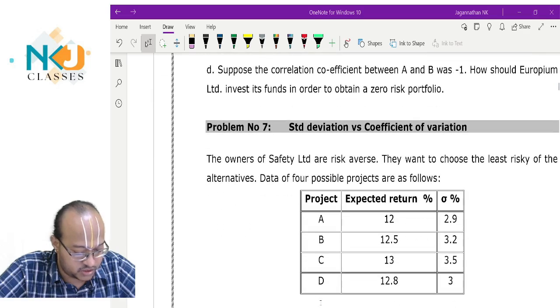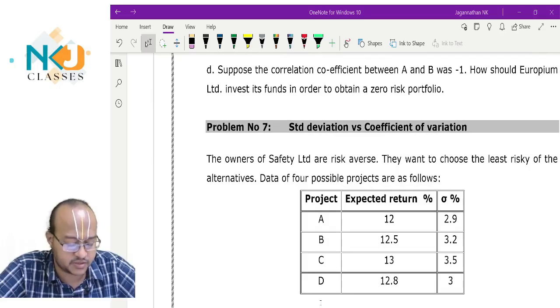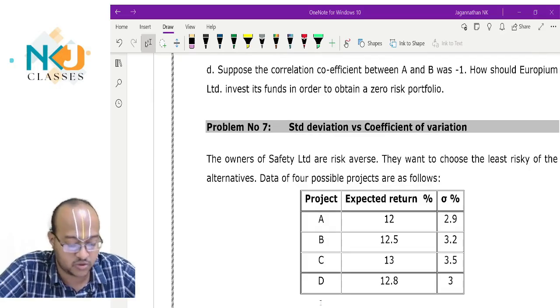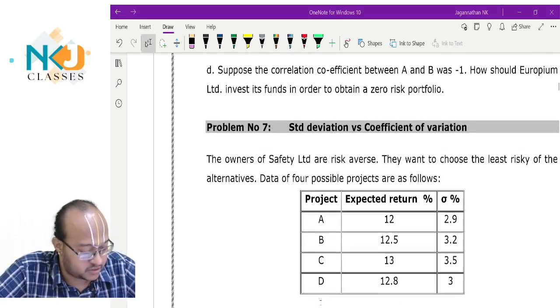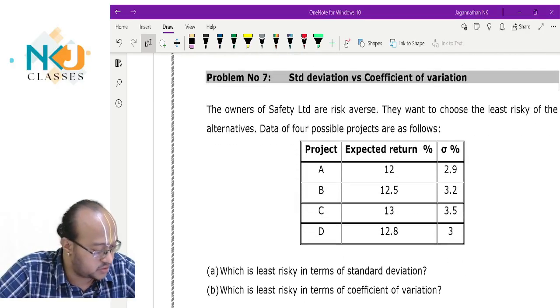Next question: standard deviation, coefficient of variation. Coefficient of variation is a separate discussion. We will discuss a few small topics only, not now. We will come back to that later, but I want to discuss something called correlation in detail now.